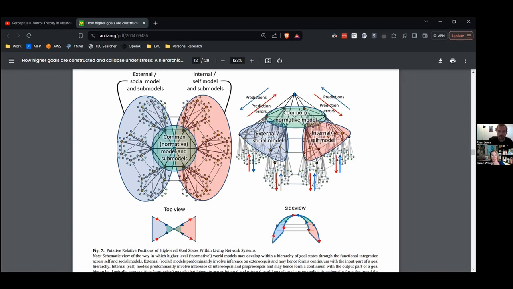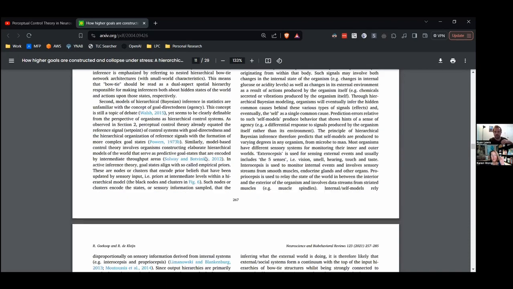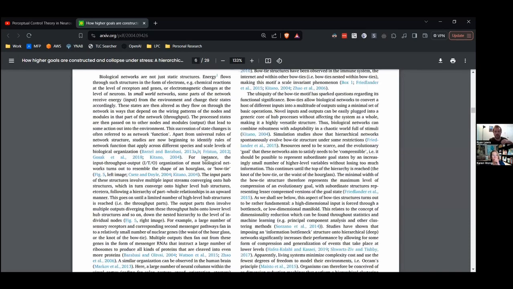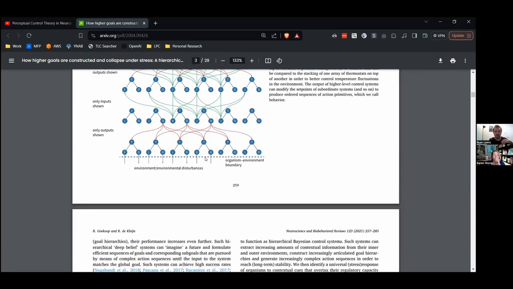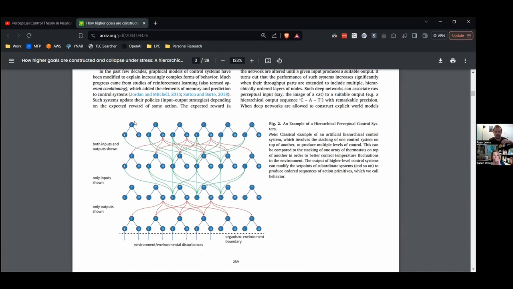And now, if that stress is happening up here, it's going to flow down, because that becomes the output that is then influencing the control for a bunch of other things. And that will in turn influence the control for a bunch of other things.